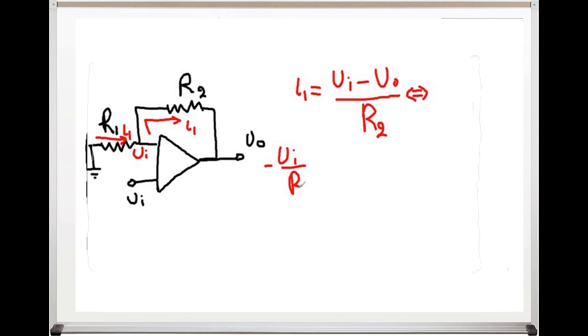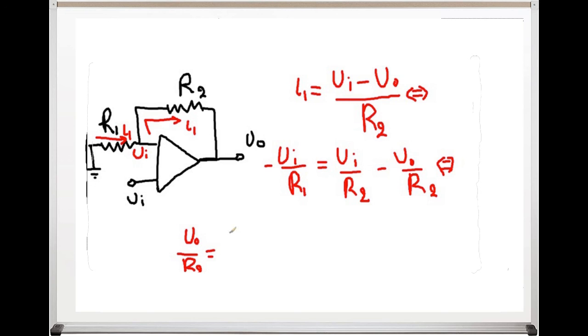Solving this equation, we will have on the left side minus V in divided by R1 equals V in divided by R2 minus V out divided by R2, which means that V out divided by R2 is equal to V in divided by R2 plus V in divided by R1.